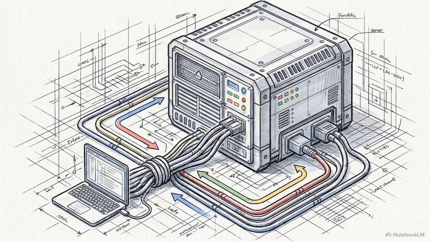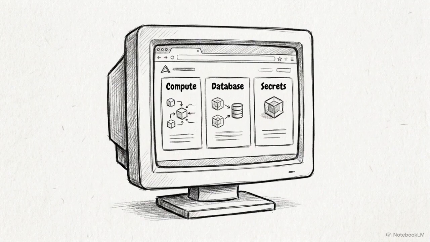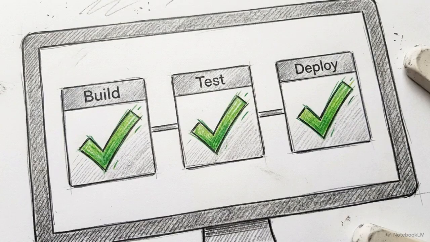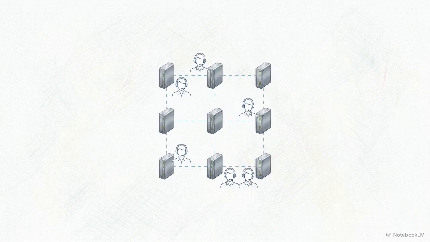We began with a single monolithic application running on a laptop, bound by physical hardware limits. Now we have a globally distributed web of microservices. By utilizing cloud primitives, managed data centers, and automated pipelines, we solved the constraints of hardware capacity and development gridlock.